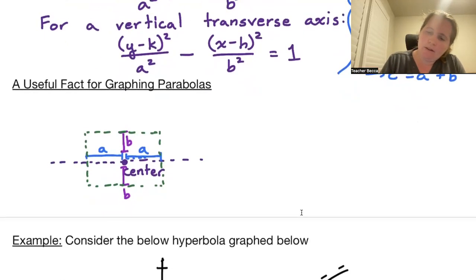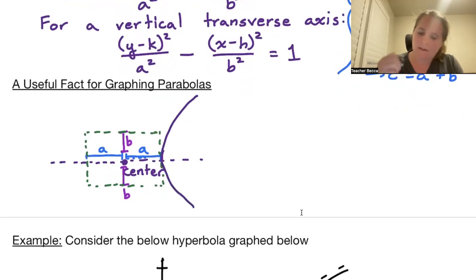Our hyperbola just touches along the transverse axis at the edge of the rectangle and extends out, following diagonal asymptotes that go straight through the corners of the box.